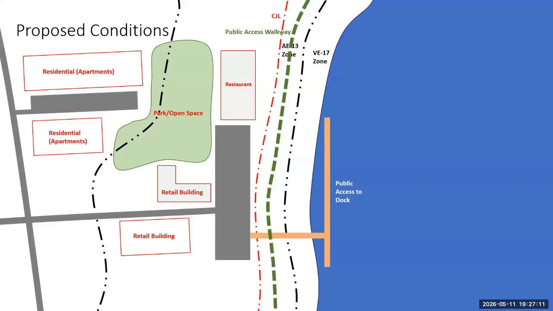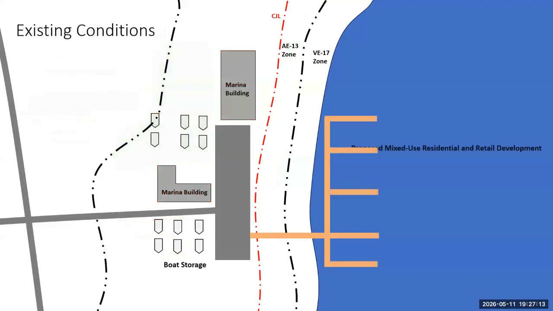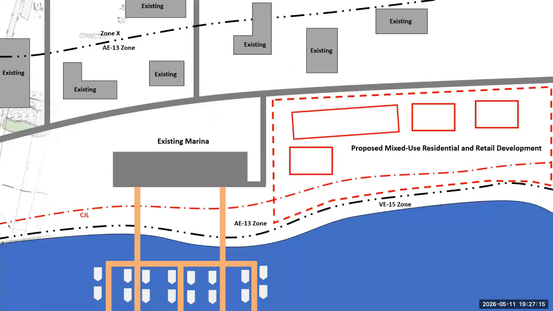And even the previous example with the proposed residential use and retail development. If you get rid of the residential component of that, because it's again increasing hazards in a flood hazard area, a retail development could be acceptable if you have a public access component to that.